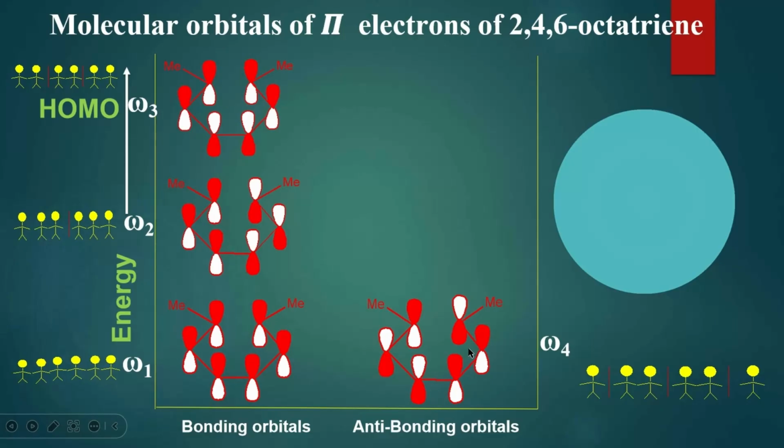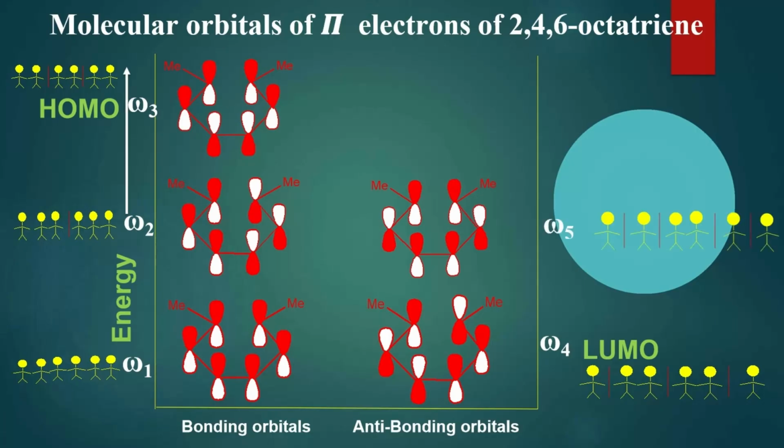Two bonds are possible. This will be the lowest unoccupied molecular orbital. The next is psi 5. Here the 2 and 3 2p orbitals are in opposite phase.